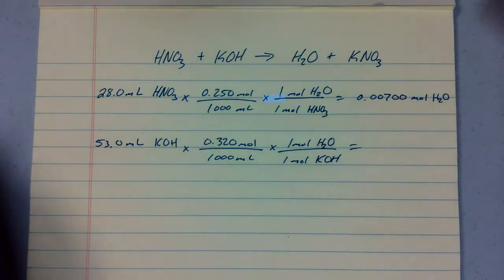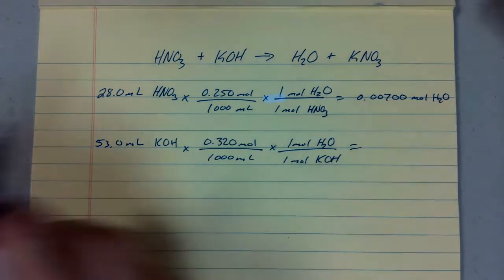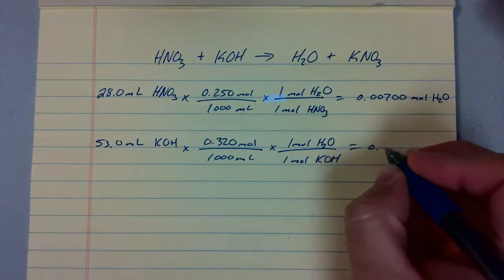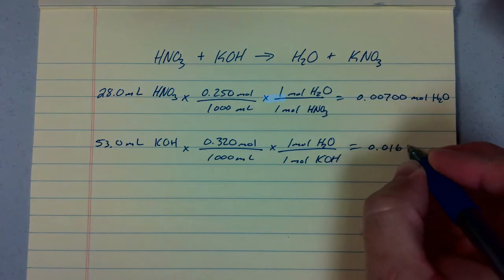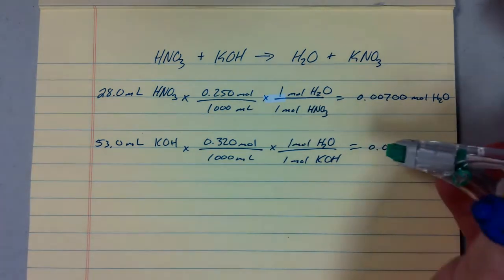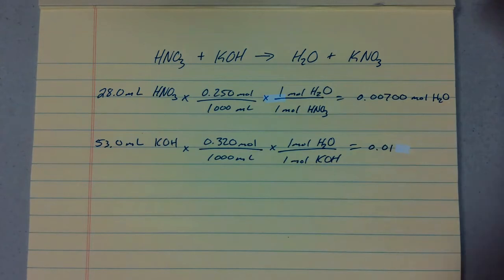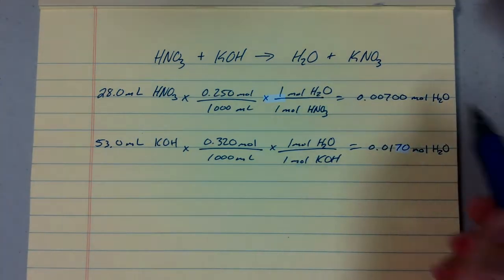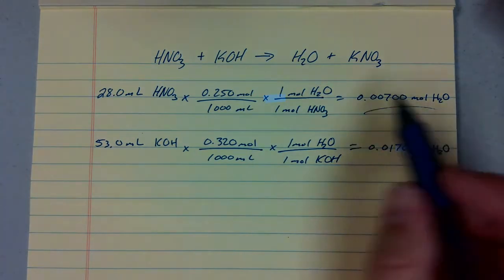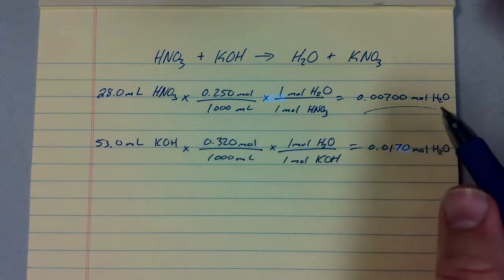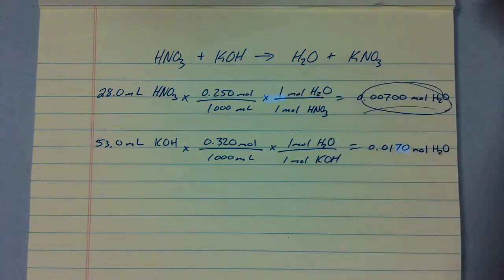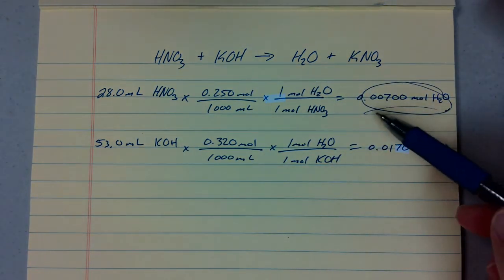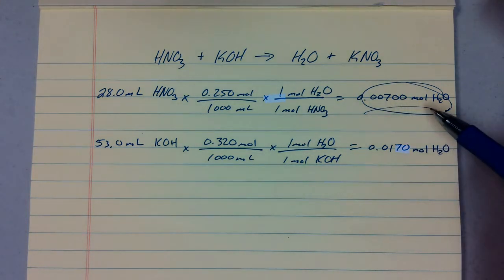This is going to be 53 times 0.32 divided by 1,000, 0.01696, so 0.0170 with 3 sig figs. So this is our limiting reactant, nitric acid. So our answer to the first question is 7.00 times 10 to the negative third moles of water, or 0.00700 moles of water.